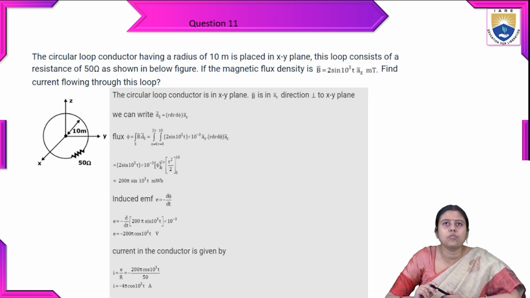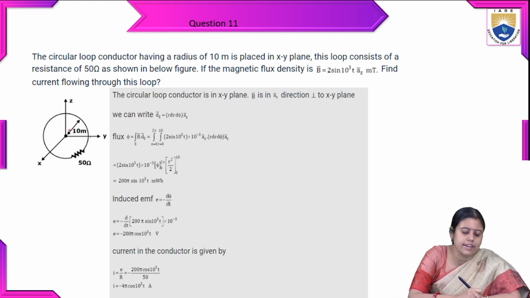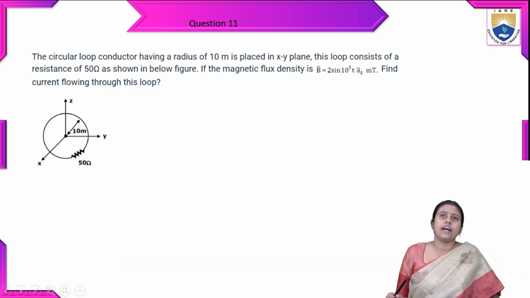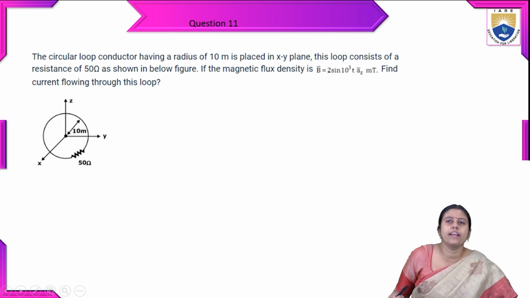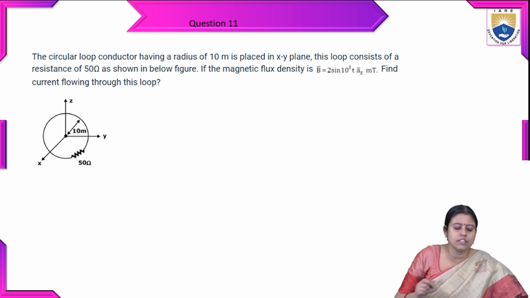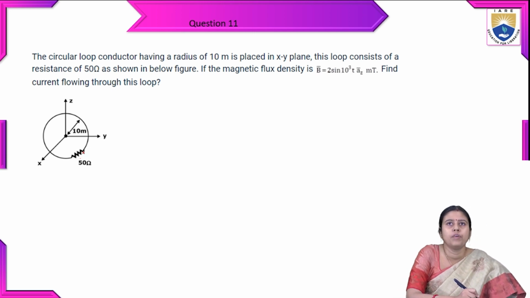Next, a circular loop conductor having a radius of 10 centimeter placed in the xy plane. The loop consists of a resistance of 50 ohm, as shown in the figure.